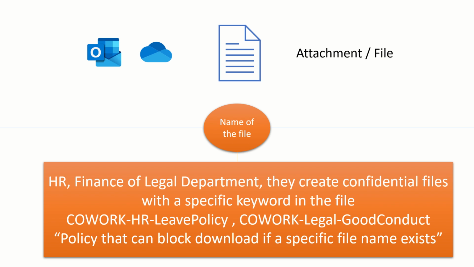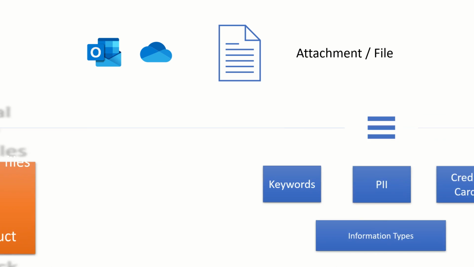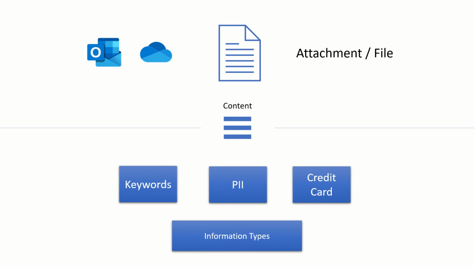Last but not the least, and the most important one, is the content itself inside that particular file. This could be keywords, this could be PII information, this could be PCI information. In a nutshell, all the information types that exist or that you can see on protection.office.com or on compliance.microsoft.com are also available in the MCAS portal itself to get bound with a policy that will be applied for a specific use case altogether.